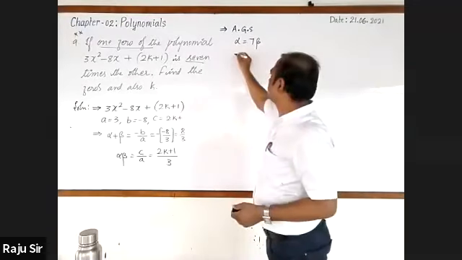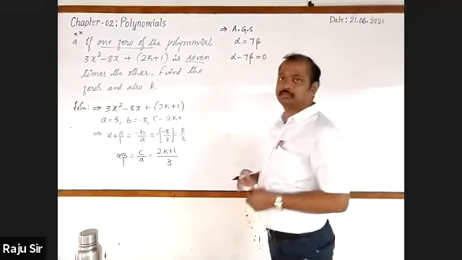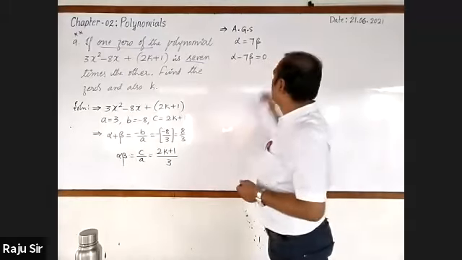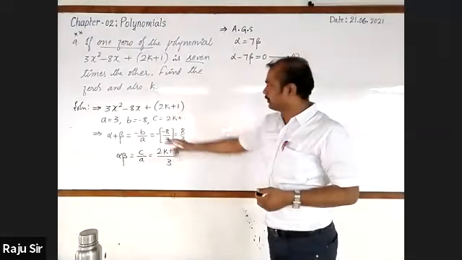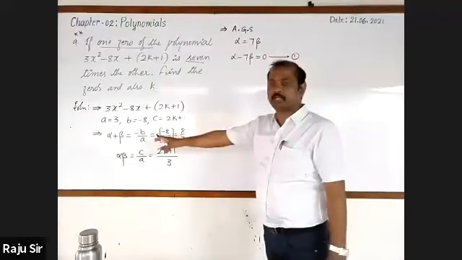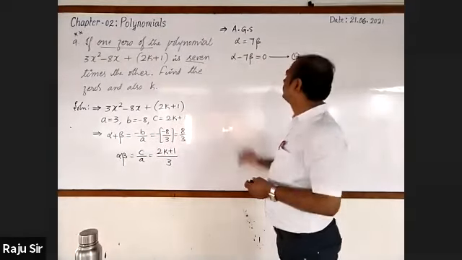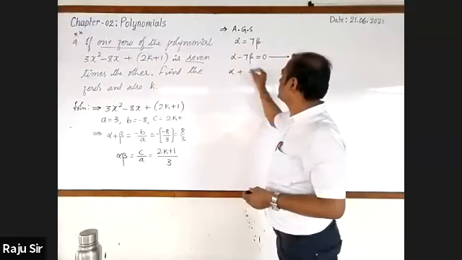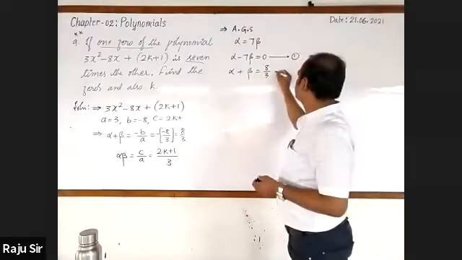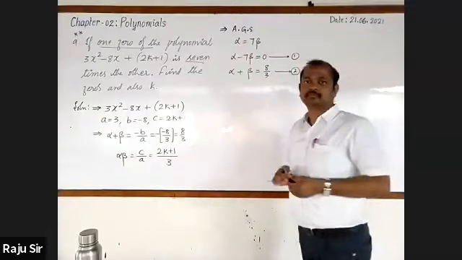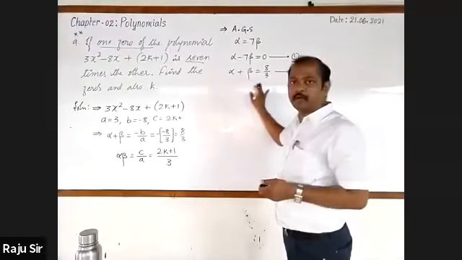I'll write it as alpha minus 7 beta equal to 0. I call it equation 1. Let me take another equation, alpha plus beta equal to 8 by 3, and call it equation 2. Let us use these two equations to solve for alpha and beta.